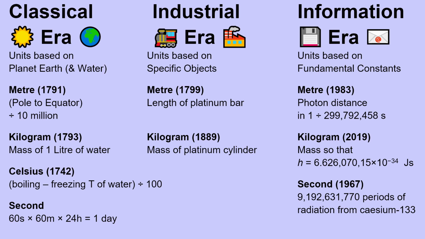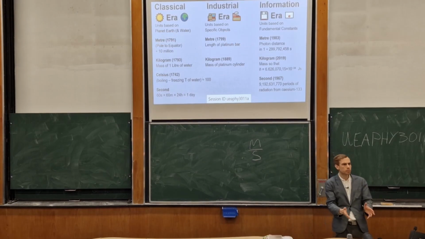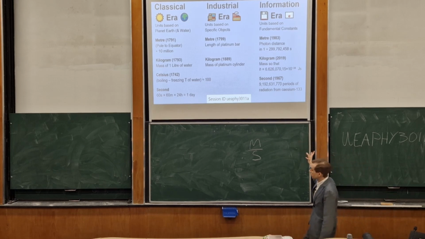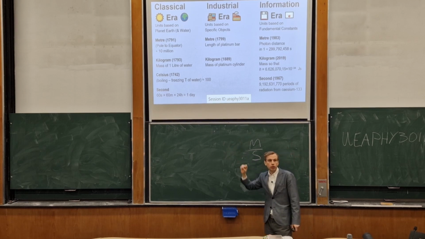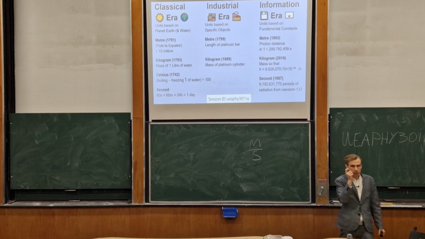And this is the point I want to emphasize: you might say, well, why 9 billion, 192 million, the whole thing? Why not just 10 billion? That would make it a round number, a lot easier. And the reason is, with all of these units, to get back to the original definition, they have to match the original definition, but in a form that's more precise and more reproducible.